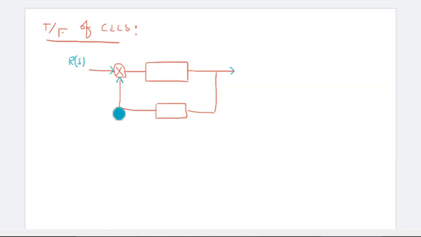Consider R of S as the input, C of S as the output, and H of S as the feedback ratio. The forward gain is G of S.